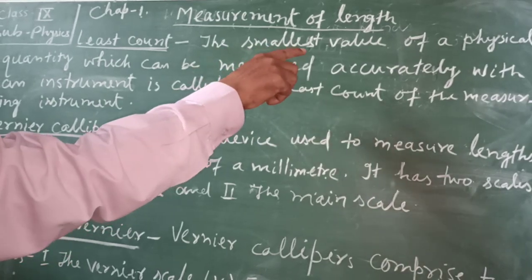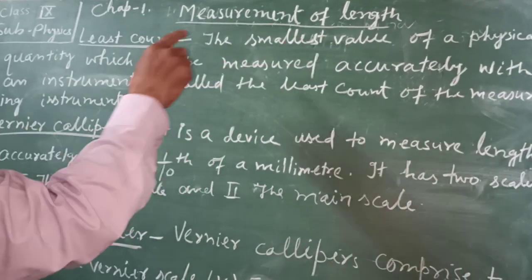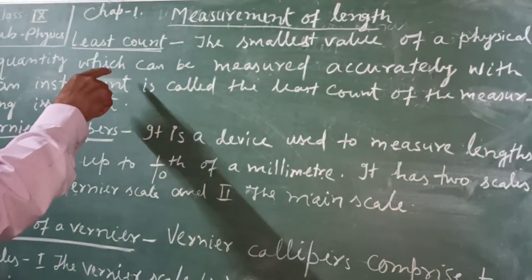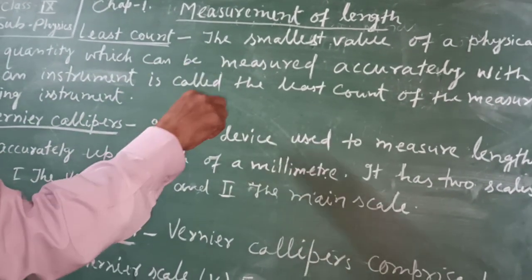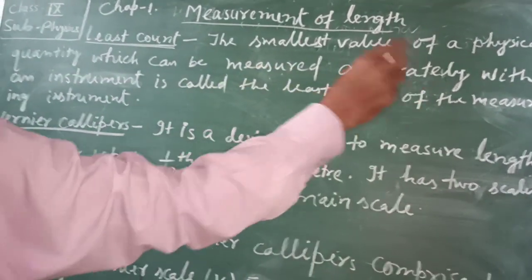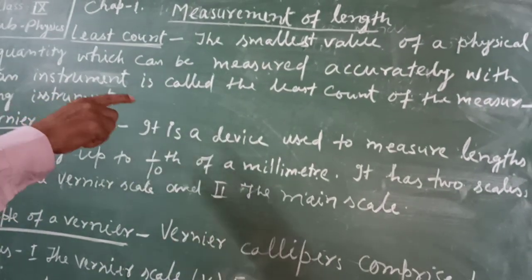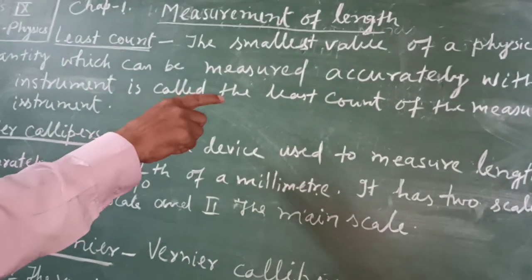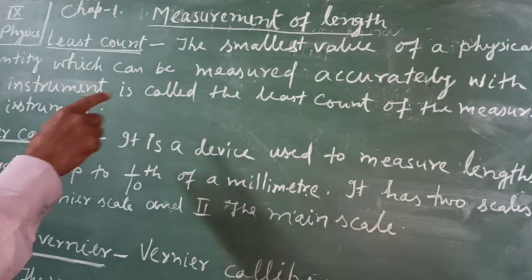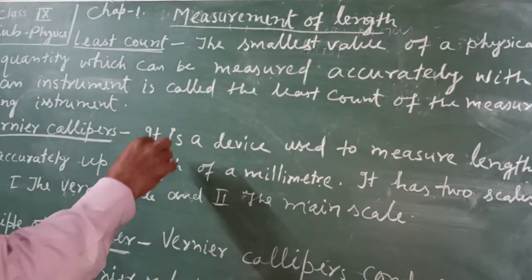The smallest value of a physical quantity which can be measured accurately with an instrument is called the least count of the measuring instrument.